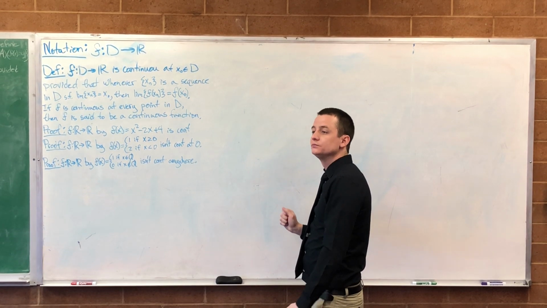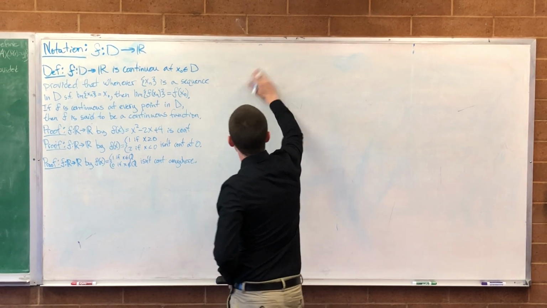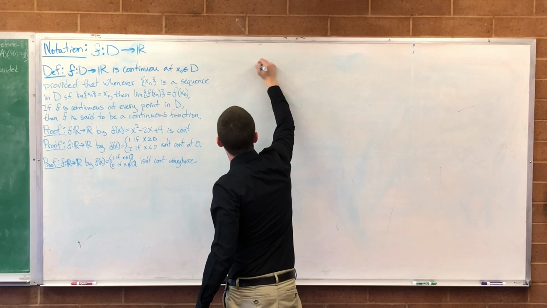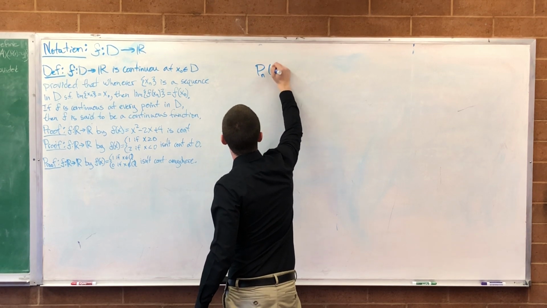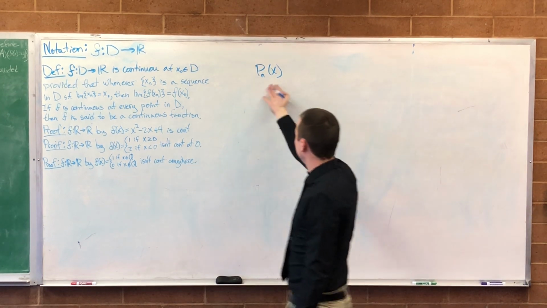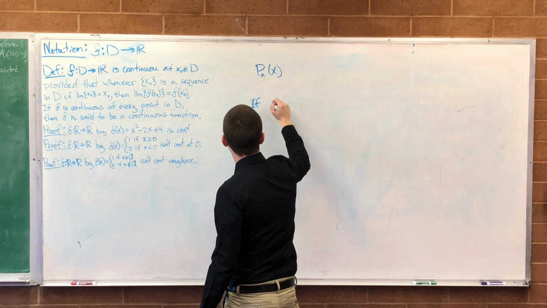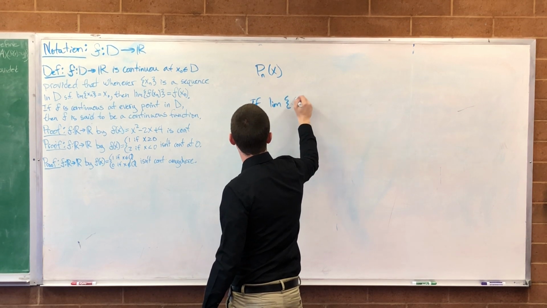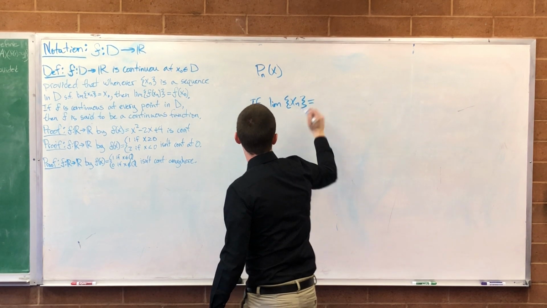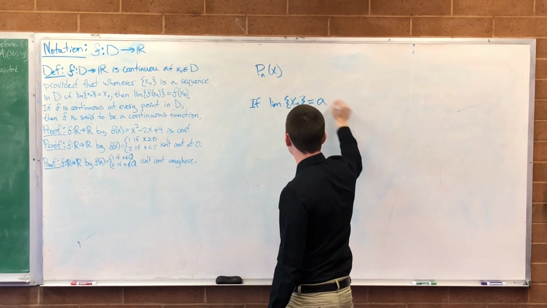Well, what exactly did we prove? We proved that, so we had a polynomial, p sub n of x was our notation for an nth degree polynomial. So if I have some nth degree polynomial, I prove that if the limit of xn is equal to some value, I don't want to use x because I use it there, we'll just say a.